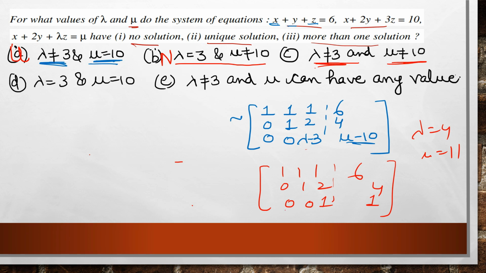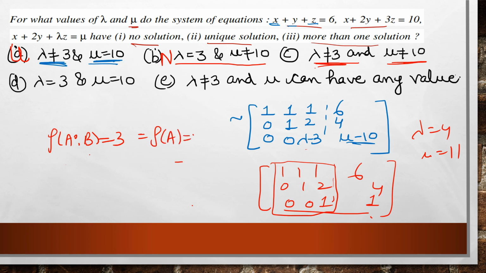So what is the rank of this augmented matrix? It is 3. And what is the rank of A? If you consider this part, this is again 3. The rank of A is also 3, and the number of unknowns is also 3. So this is the case of a unique solution. So from this case also you are getting a unique solution. So I am writing U here.